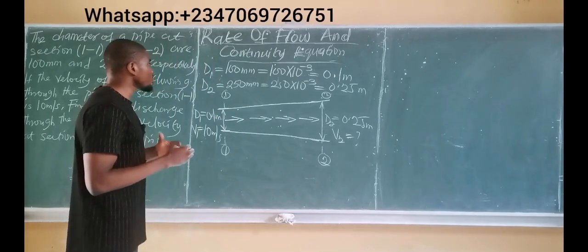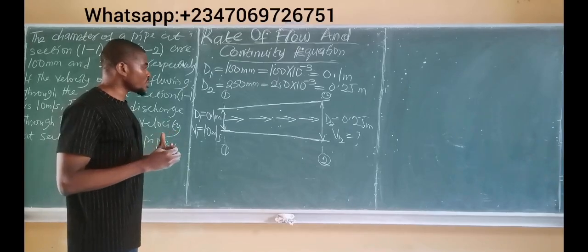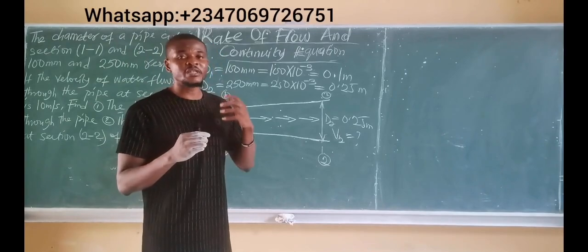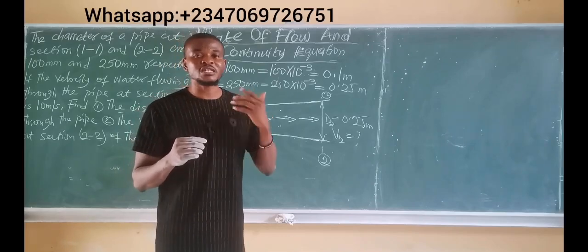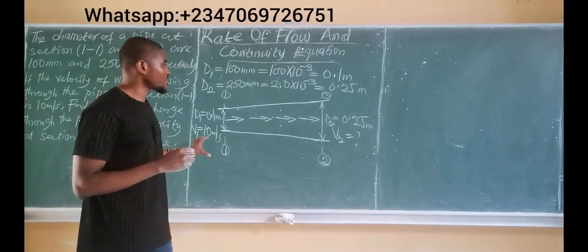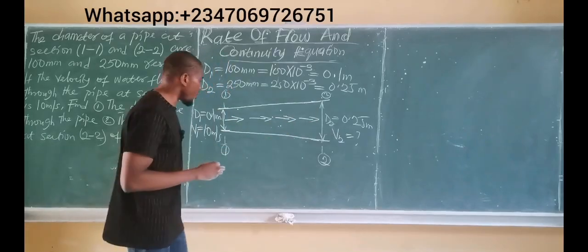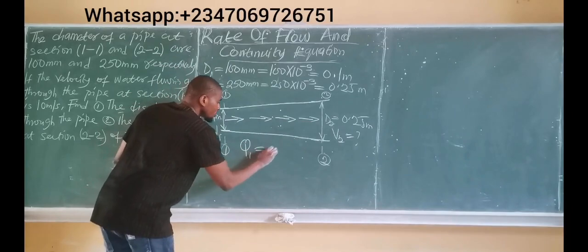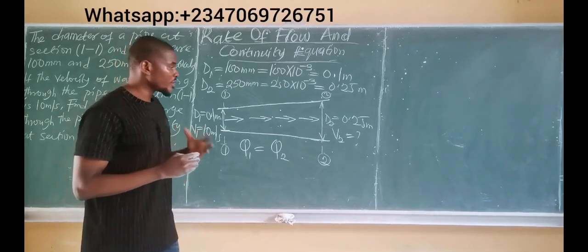But to do this, we have to employ the continuity equation. What is the continuity equation? The continuity equation simply states that the rate of flow or discharge of fluid at a given segment of the pipe is equal to the discharge of the fluid at the other segment of the pipe. Since we have two segments, section 1 and section 2, the discharge through section 1, Q1, is equal to the discharge in section 2, Q2.